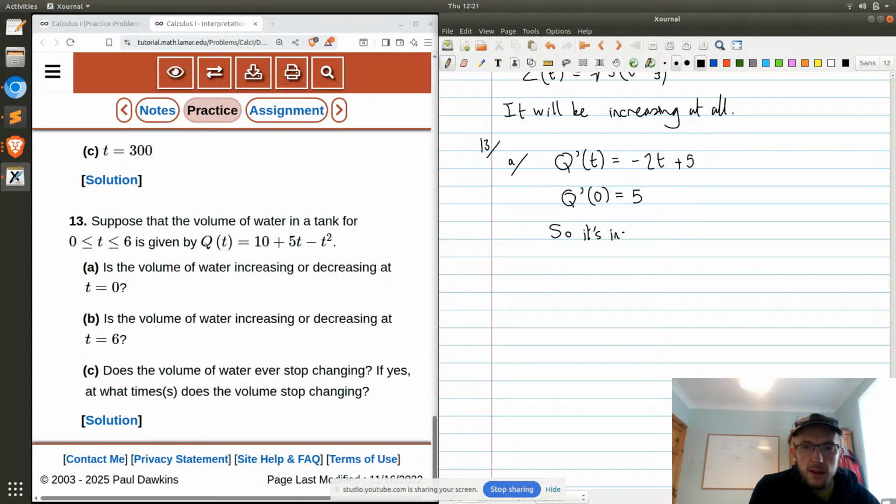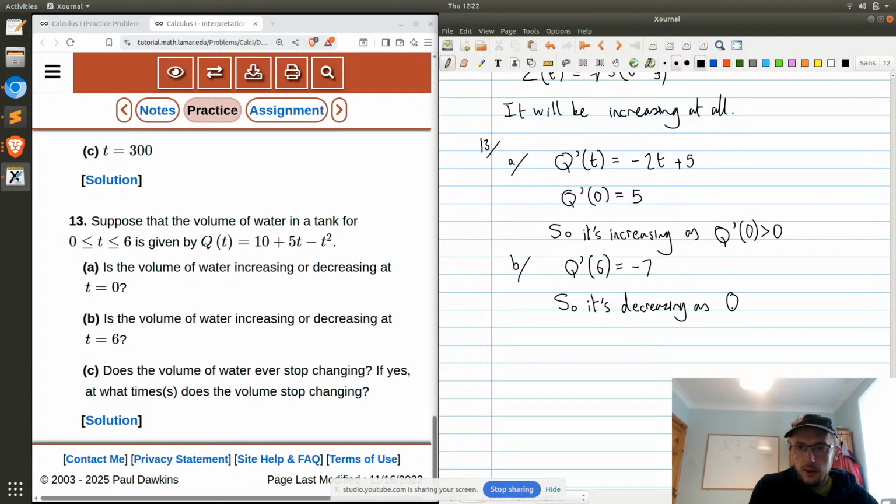So it's increasing as q prime of 0 is greater than 0. Q prime of 6 is negative 12 add 5, which is negative 7. So it's decreasing as q prime of 6 is less than 0.